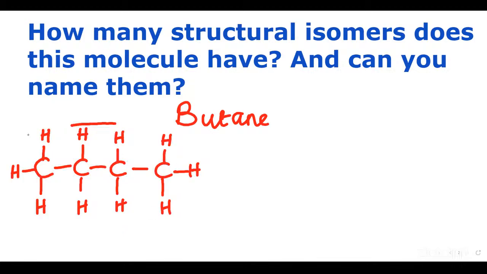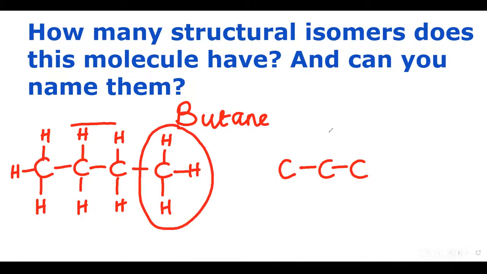Okay, so the isomer of butane is simply going to be trying to rearrange or move some of the carbons if possible. So I'm going to start with 3 carbons. You see these 3 carbons, and then I will add this last carbon to the second carbon as a branch.